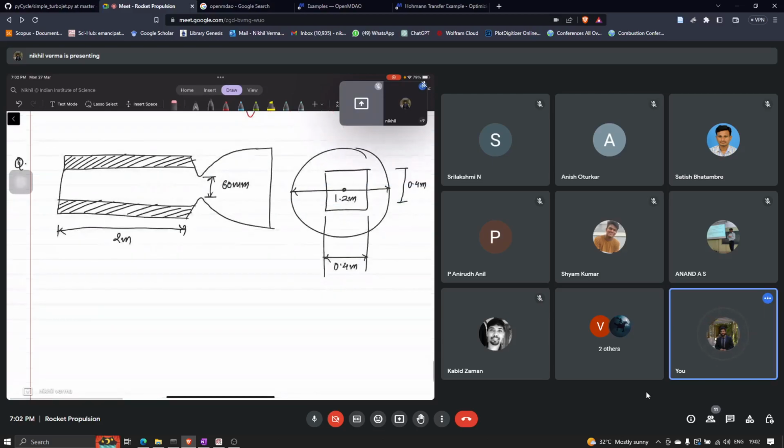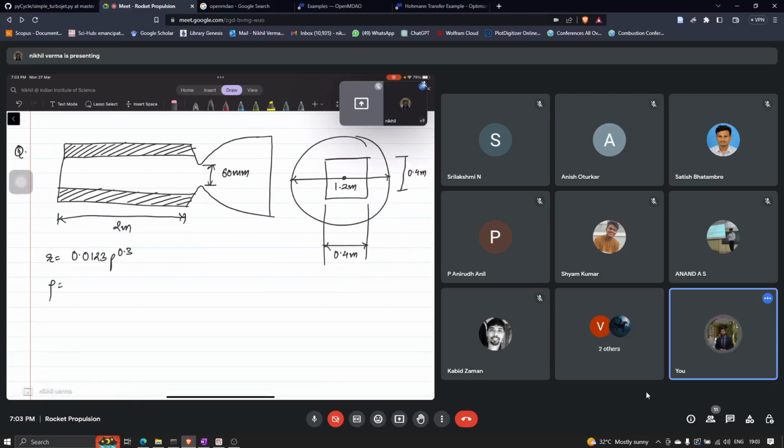The burn rate law is also given, which is equal to 0.0123 p to the power 0.3. The density is given in kg per meter cube, and C star is given in meters per second.